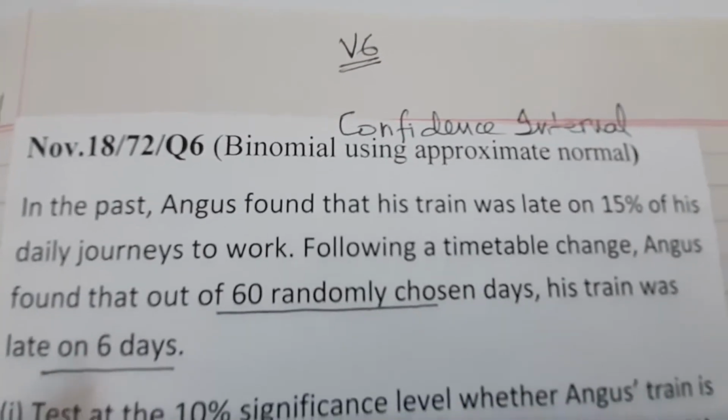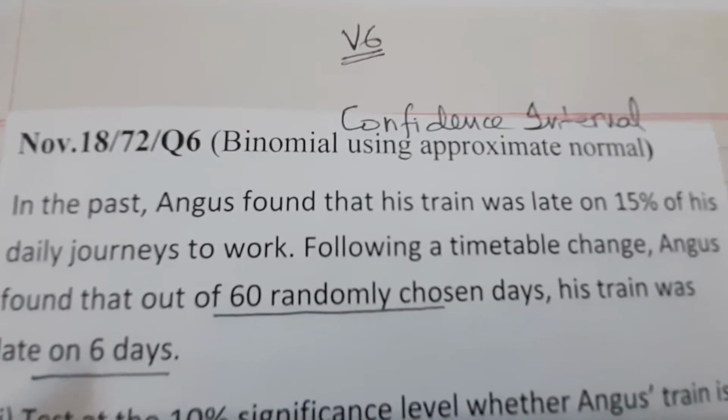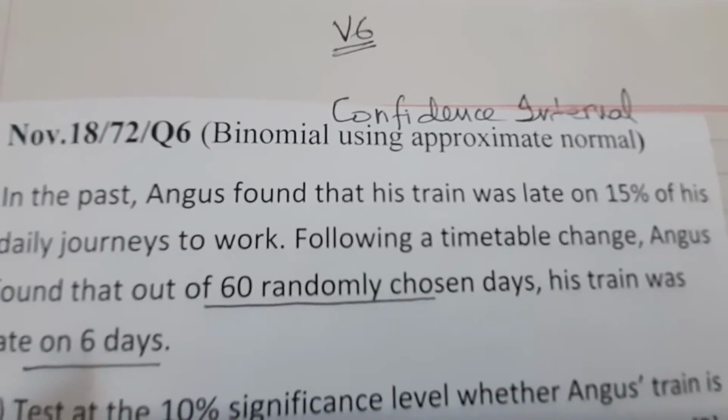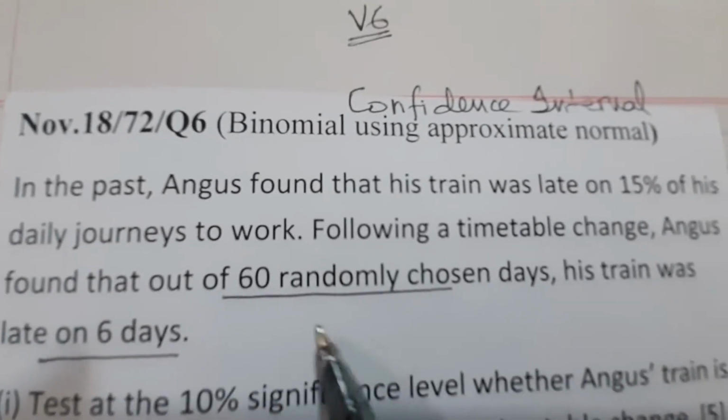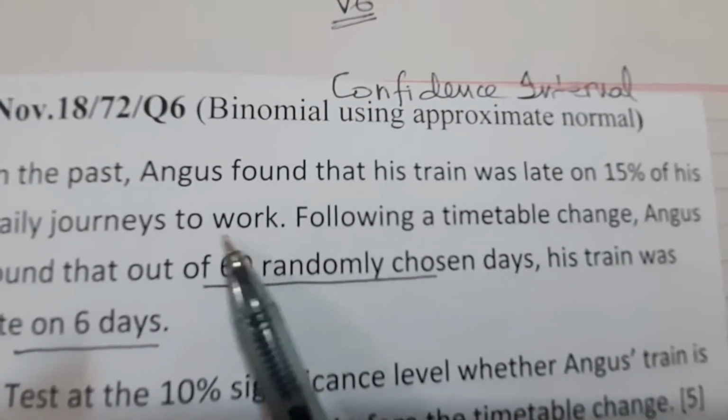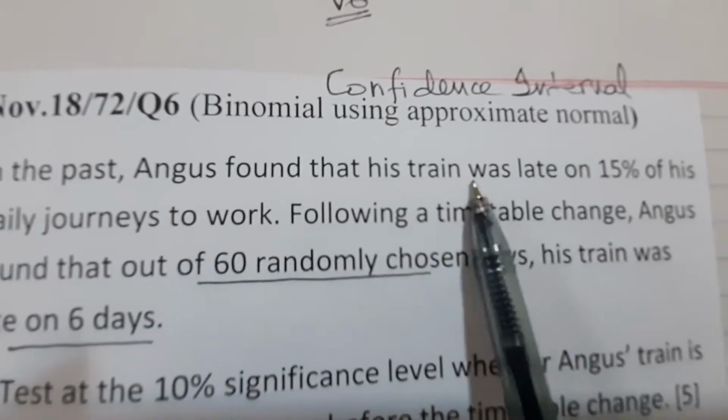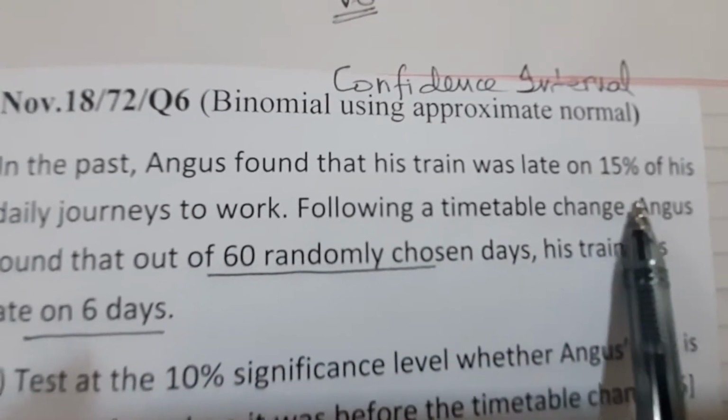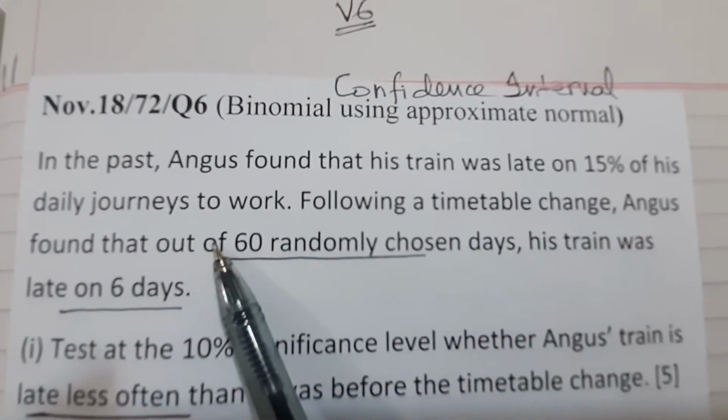So this question I have taken from November 18, variant 7 to, question 6. In this question it says that Angus found that the train was late on 15% of his daily journey to work.